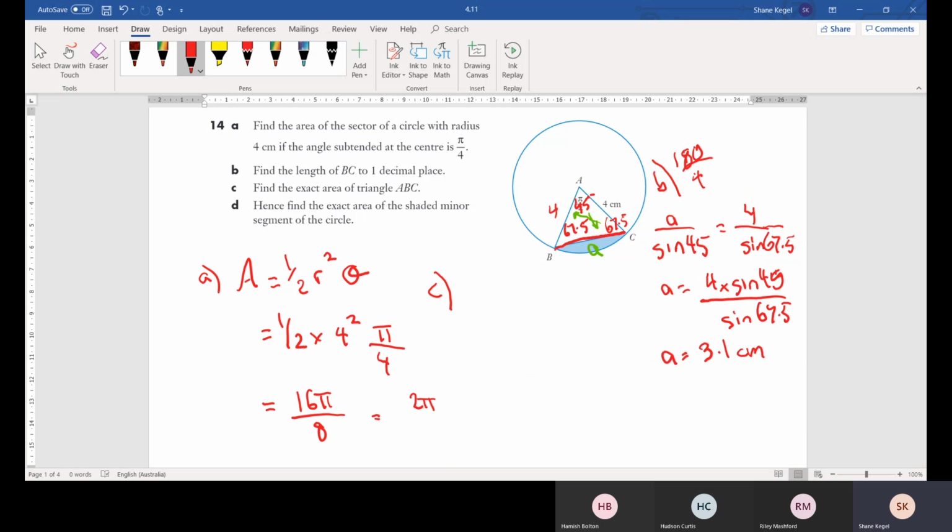Did someone want to ask a question, or? I'll just keep going. So find the exact area of triangle. So found the area of the sector.